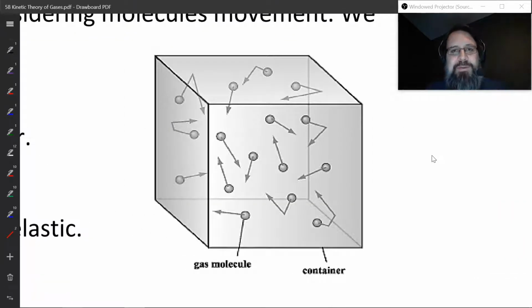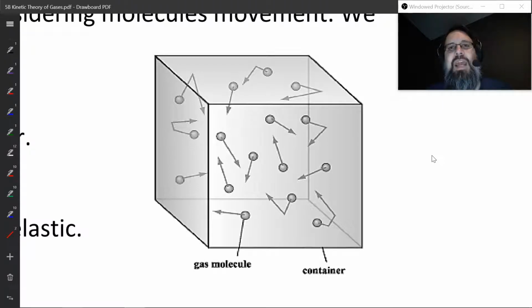We started off by thinking about how the microscopic motions of particles banging into the walls gives rise to this macroscopic property that we call pressure. We've also talked about how the motion of the particles, with their kinetic energies, gives rise to the temperature.